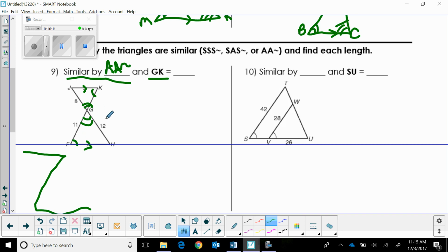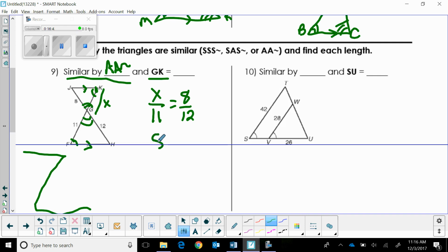Now let's solve it though. We need to find the length of GK. So we're going to call that X. And now let's set up a proportion. Well, notice this is reflected. So that means angle K goes with F. That means side GK corresponds to FG. So X is to 11 as 8 is to 12.